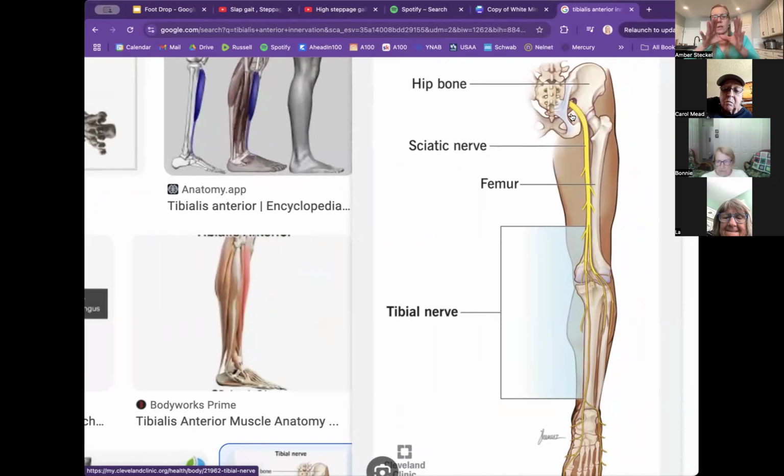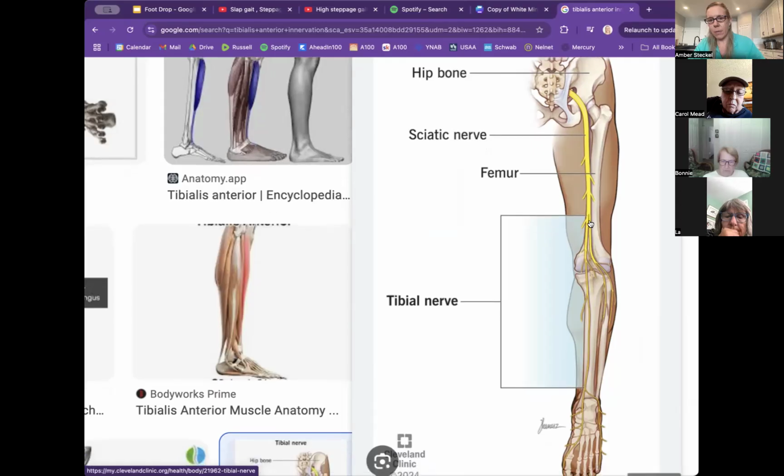Lumbosacral plexus, you might hear it called. The lumbar and sacral nerve roots all come out of the spinal cord and join into a cord, like a bundle. And then that goes down and branches off and branches off all the way to your toes. So keep this image in mind when we're talking about nerve injury.